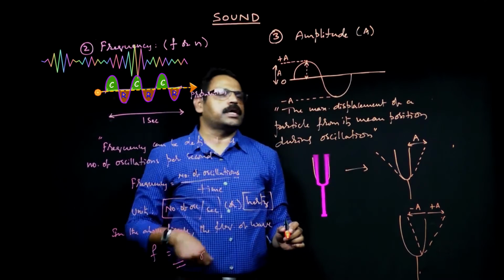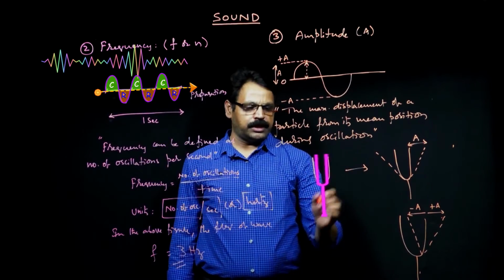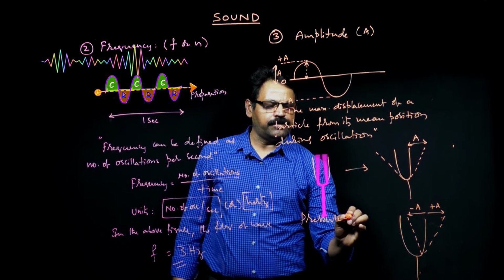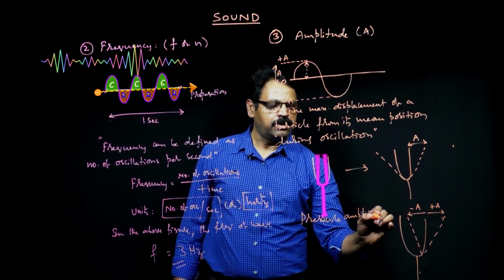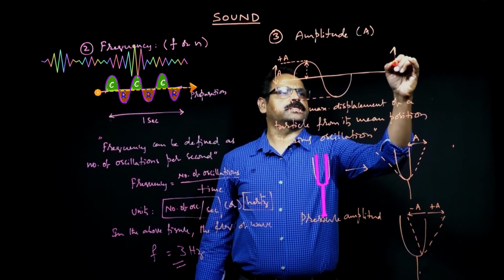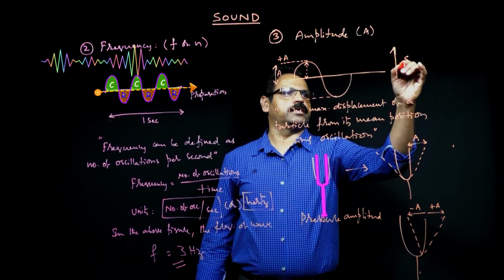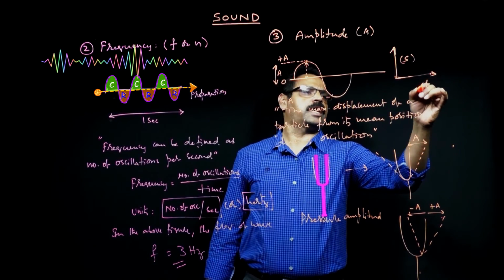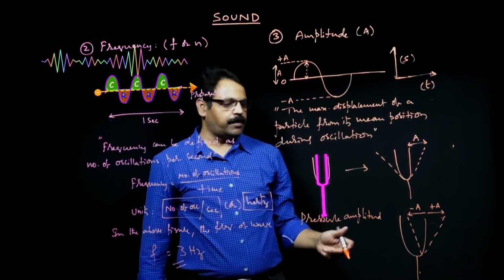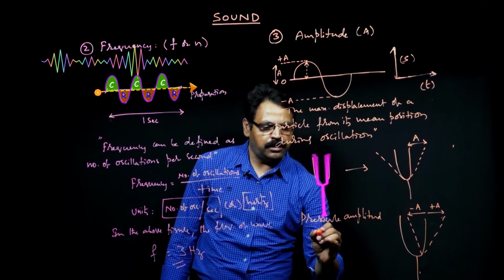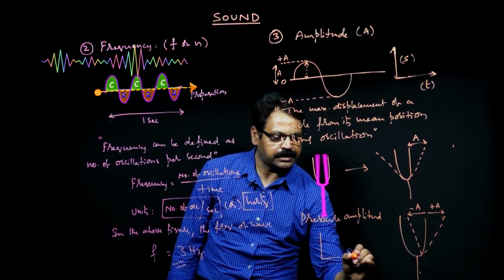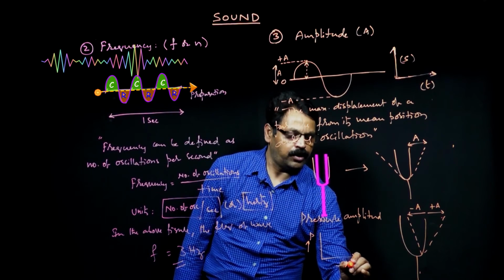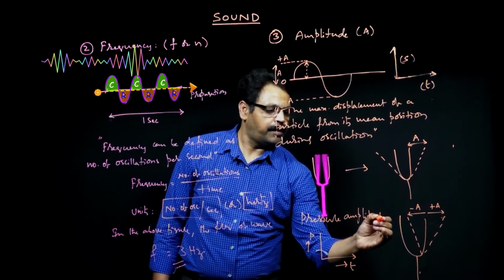Similarly, the amplitudes can also be for pressures. So there is one more term, pressure amplitude. When you take the y-axis as the displacement and the x-axis as the time, you get the displacement amplitude. Unlike that, if you take the pressure on the y-axis and the time on the x-axis, you get a pressure amplitude.